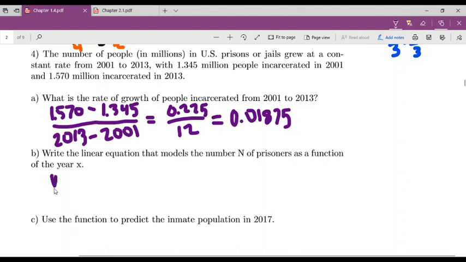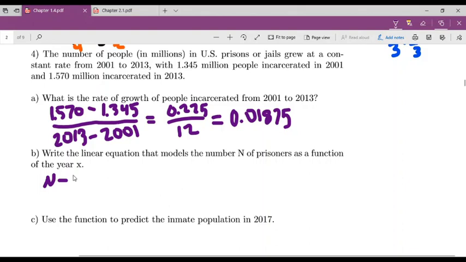So if we do y minus y1, or actually here, let's erase this. We want it as an n. So models the number of prisoners n as a function of the year x. So we'll use n minus our n1 here. It doesn't matter which one you choose. You can use the one from 2001 or you can use the one from 2013. I'm going to use 2001.